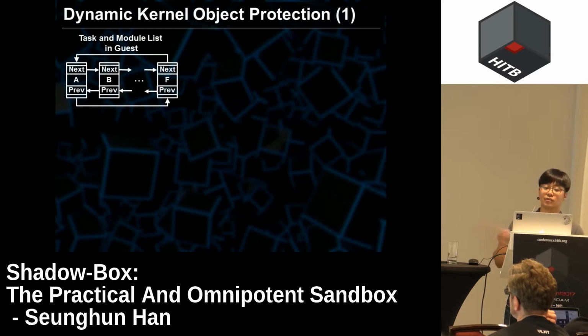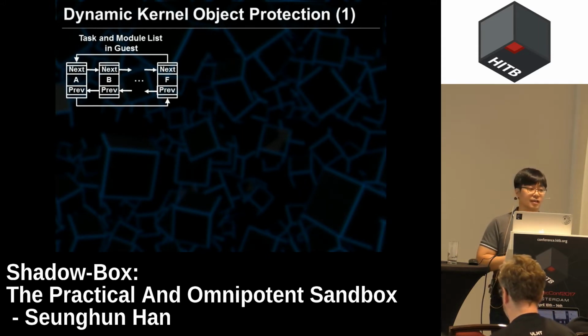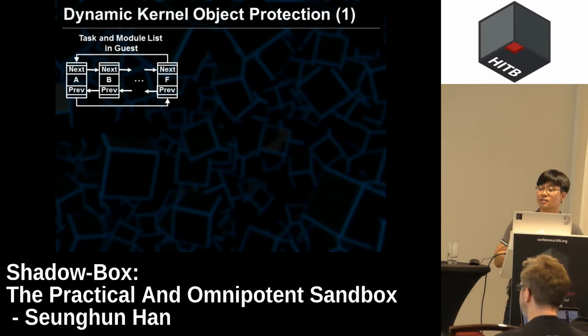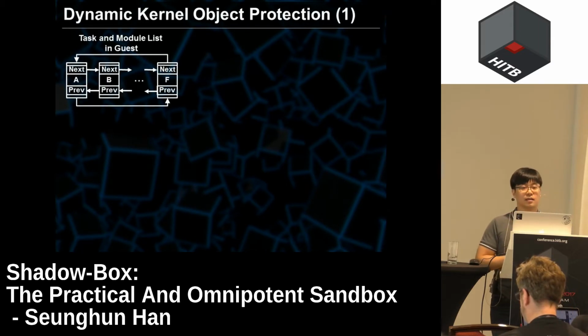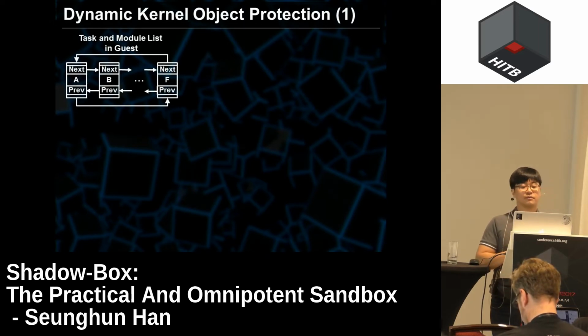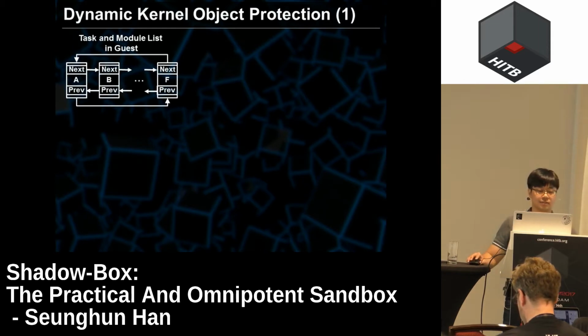Dynamic kernel objects are mutable, therefore, Shadowbox cannot use the memory protection technique. So instead, Shadowbox monitors dynamic kernel objects and checks them periodically. Process and module lists are typical dynamic kernel objects, and rootkits modify the lists to hide themselves.